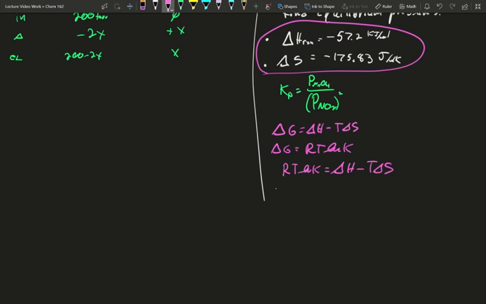We have some values for that. 8.314 joules per mole Kelvin. We're doing this at 25 degrees Celsius, so 298 Kelvin. Natural log of K, all that will equal negative 57,200 joules per mole minus 298 Kelvin times negative 175.83 joules per mole Kelvin.